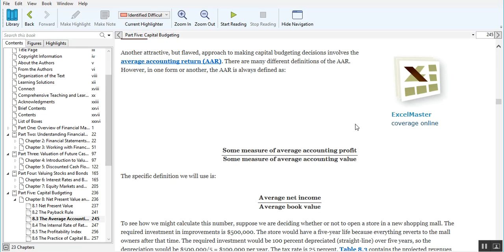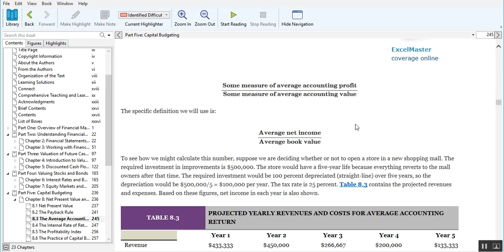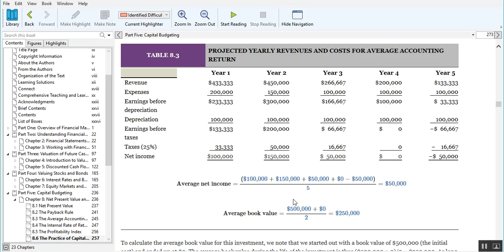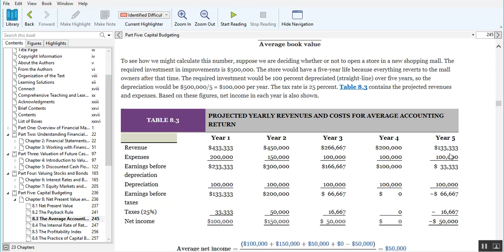Look at those. Another method is the average accounting return. This is basically taking some measure of profit and comparing it to some measure of accounting value. When we do that, we're looking at our net income. Here we have 100,000, 150,000, 50,000, and negative 50,000. We're going to take all those net incomes and calculate an average net income of 50,000. And for the average book value, our investment is $500,000 over 5 years.